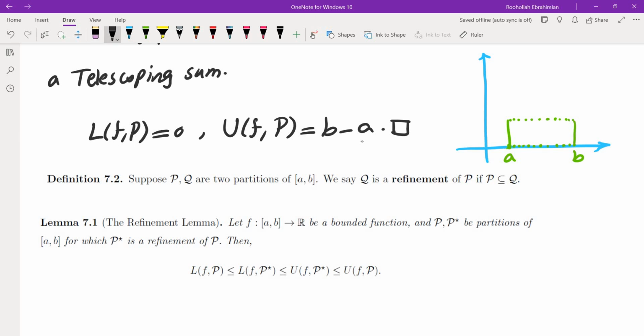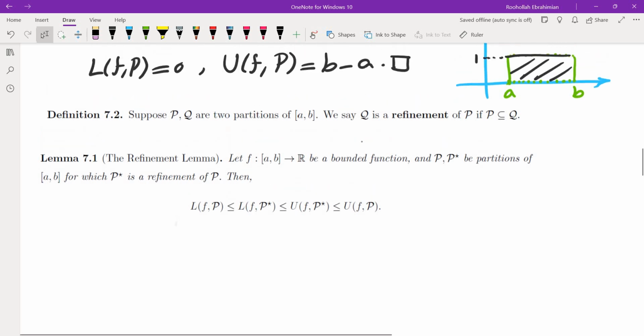So the only area that you can fit underneath is 0. And the smallest rectangle that contains the graph of the function is this rectangle, and the height here is 1. Its area is of course b minus a, which is why the upper sum is b minus a and the lower sum is 0.